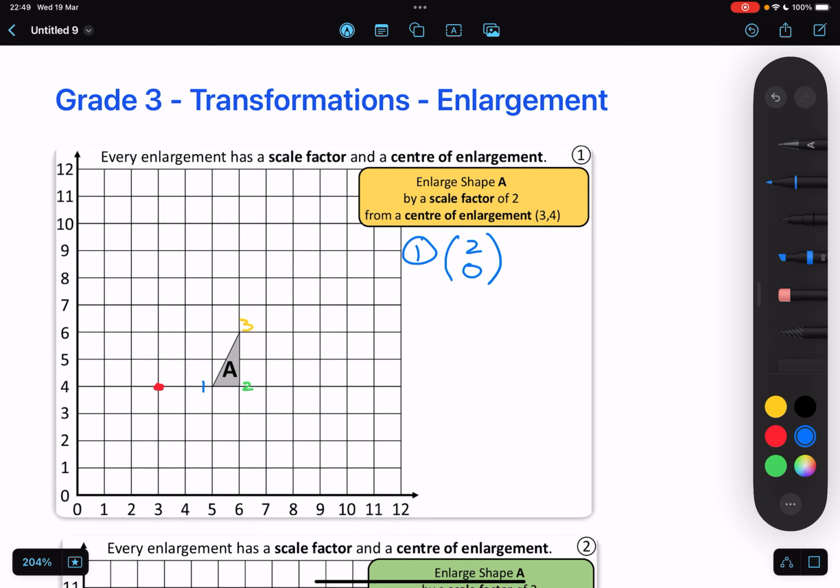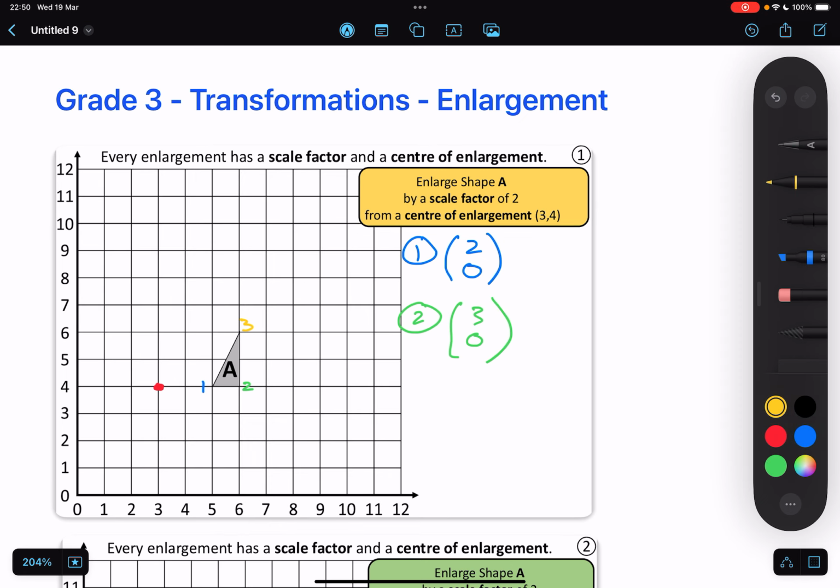That is the column vector movement, the translation. So we've got that. Okay, now how do we get to point number 2? We start from the center of enlargement and we go 3 to the right. That's all that's happening. We go 3 to the right and we don't go up or down. So I'm just going to put 3, 0.